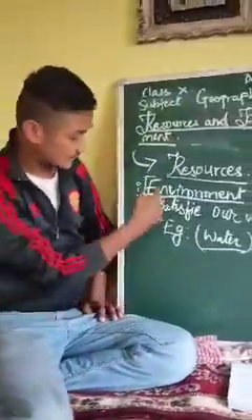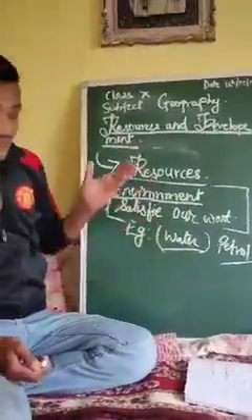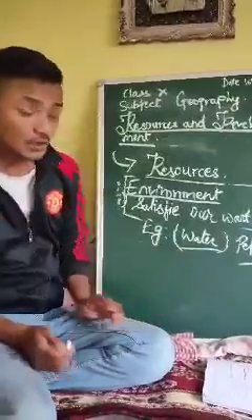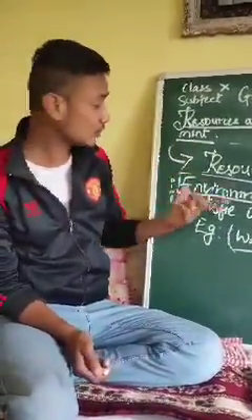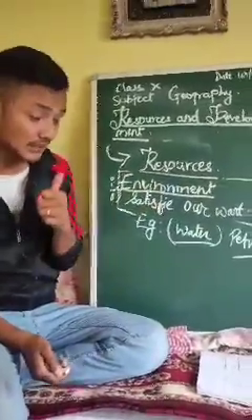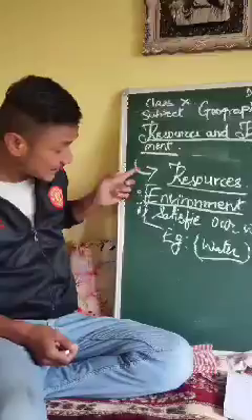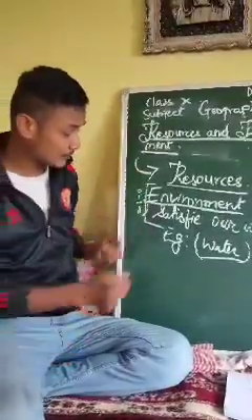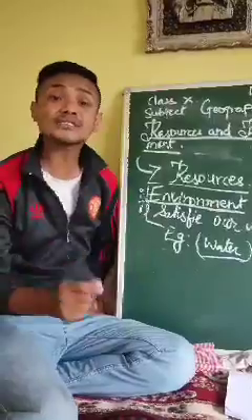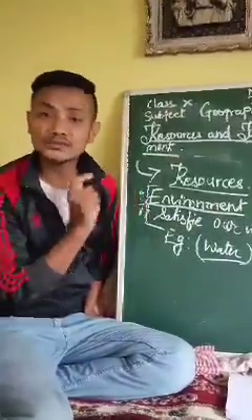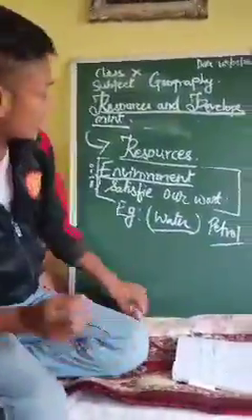In our environment, we find different types of things, and all of this is regarded as resources. Let me revise once more. Resources is everything which is available in our environment and has the capability to satisfy our wants. If it does not satisfy our wants, it is not called a resource.